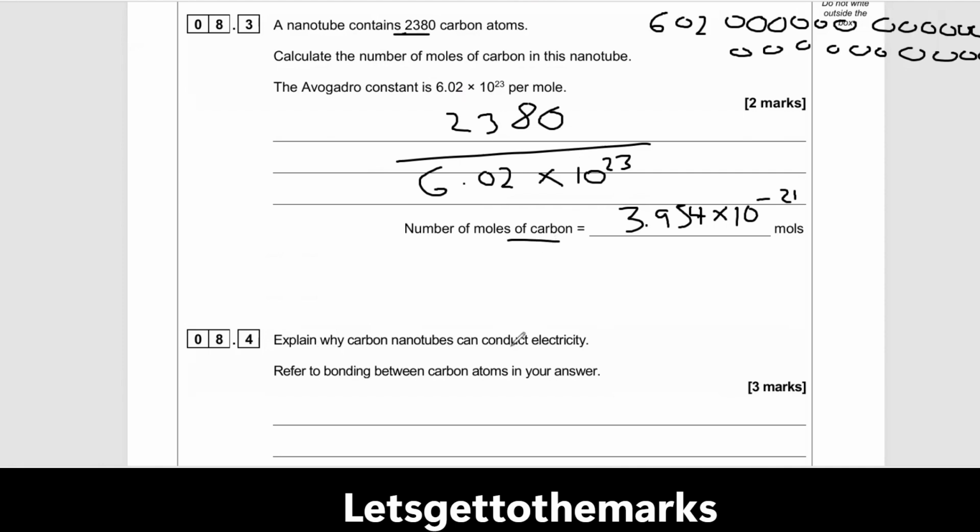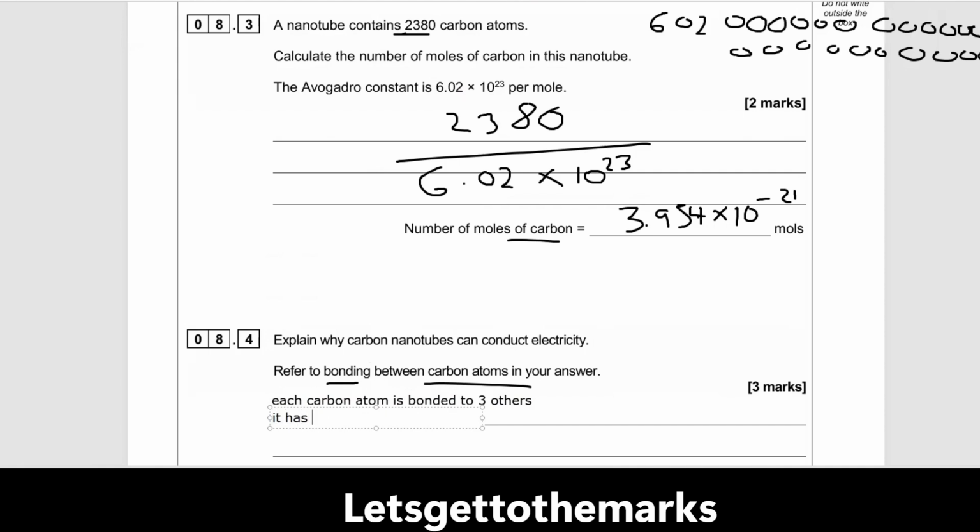Explain why carbon nanotubes conduct electricity. Refer to bonding between carbon atoms in your answer. So what I need to say is each carbon, we already said this earlier, each carbon atom is bonded to three others. What does that mean? Well, carbon's in group 4.